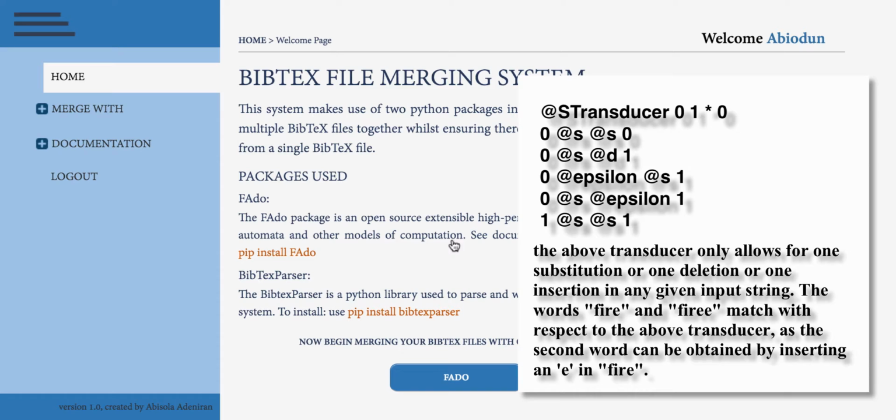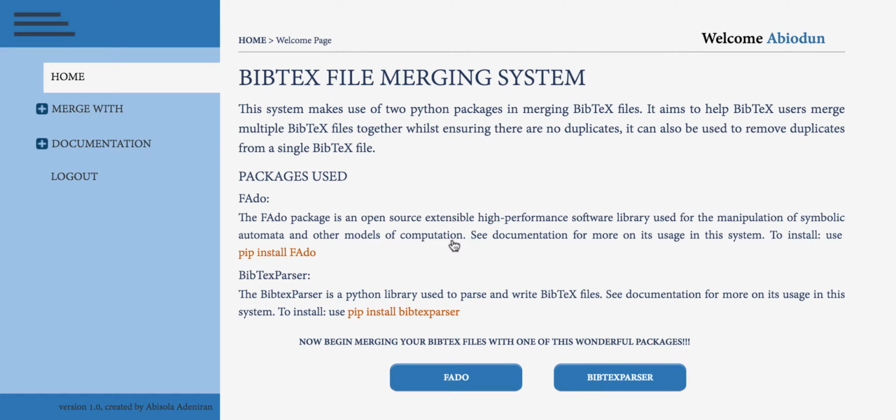The reason why Fado is at an advantage here for users is that if users have BibTeX files that have different IDs as entries, but the same authors and the same title, it understands that they are still duplicates.